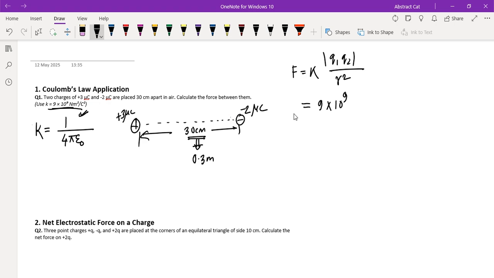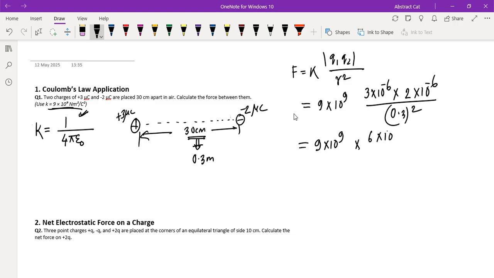So for Q1 Q2, 3 microcoulomb is 3 into 10 to the power minus 6, and here the magnitude only, 2 into 10 to the power minus 6, and the separation is 0.3 square. So 9 into 10 to the power 9, times 6 into 10 to the power minus 12, over 0.3 square, which is 0.09. Remove the point by multiplying by 100.